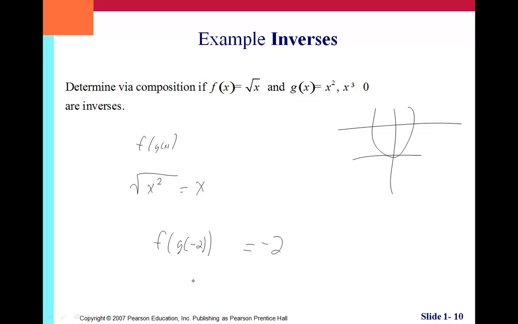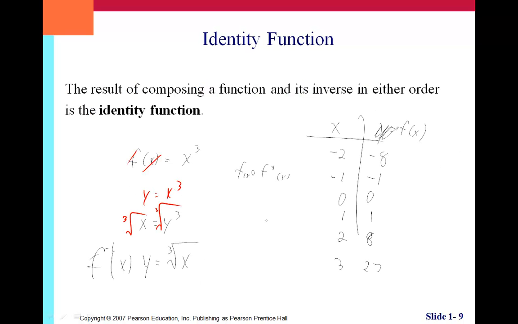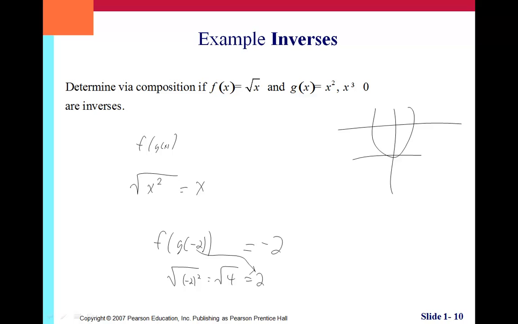But when you put that into this composition here, I'm doing square root of -2 squared. So this is actually square root of +4, which is going to spit back out 2. So -2 maps to 2, so it fails that whole thing where they should result in the identity function. Whatever you put in, you get out, but it's not going to work out here. And again, that's going to happen because the x squared function is not one-to-one.